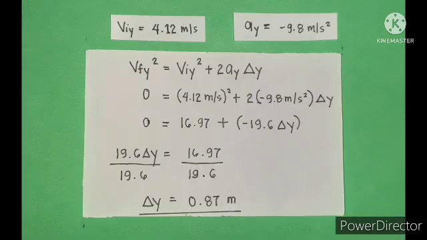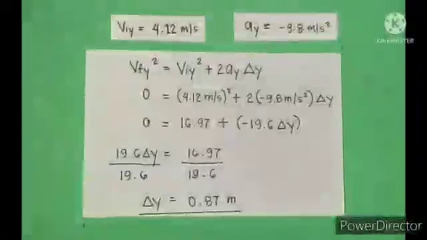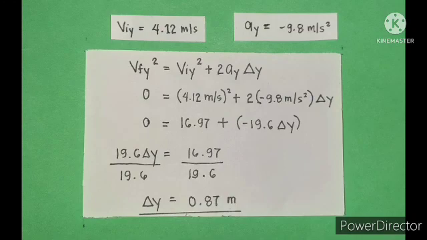The next unknown is the maximum height, so we're going to use this formula: Vfy squared is equal to Viy squared plus 2 times acceleration of y times delta y, which is the maximum height.